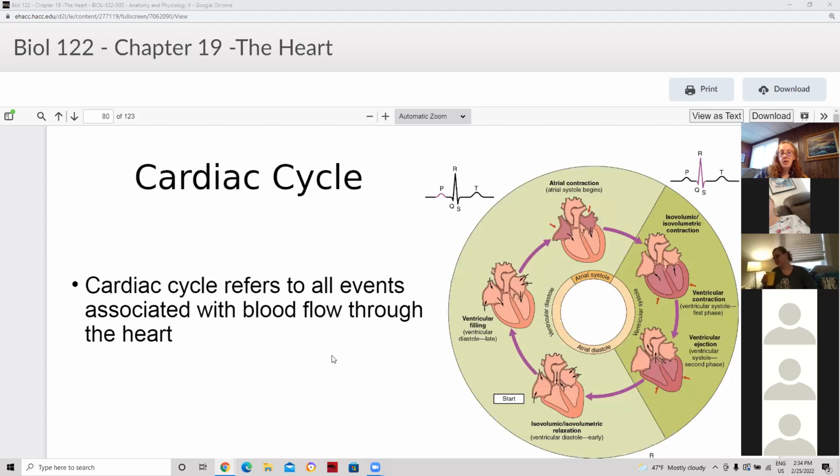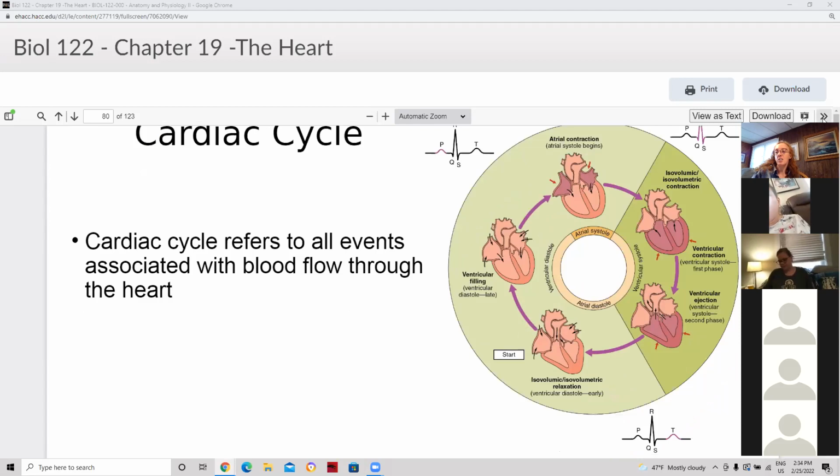So the cardiac cycle refers to all of the events associated with blood flow through the heart. We have atrial contraction. So here, remember the ECG.